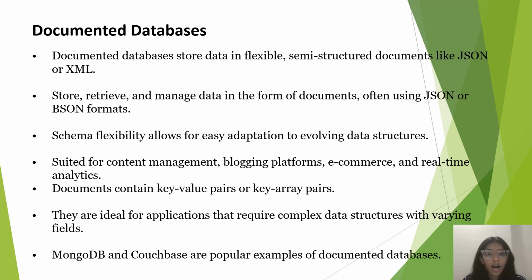Schema flexibility allows for easy adaptation to evolving data structures, suited for content management, blogging platforms, e-commerce, and real-time analytics. Documents contain key value pairs or key array pairs. They are ideal for applications that require complex data structures with fields. MongoDB and Couchbase are the popular examples for document databases.